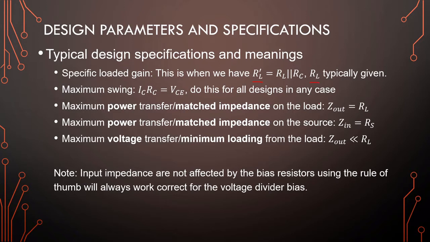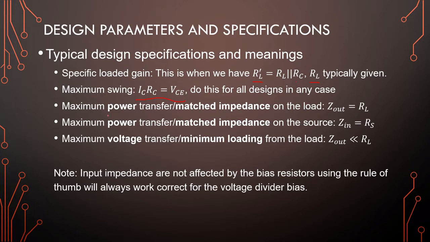Okay, so typically designed for a specific load, and from that you will get your RC, and R load prime is just when you have a specific loaded gain. So this is not the maximum gain of amplifier, this is the loaded gain of amplifier. In general, try to design ICRC equals to VCE.